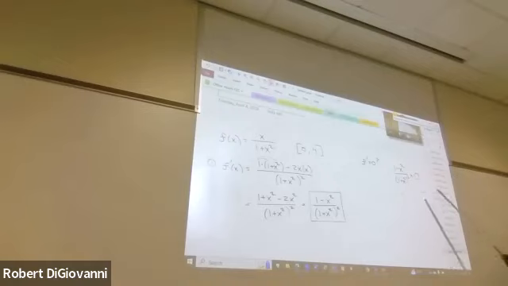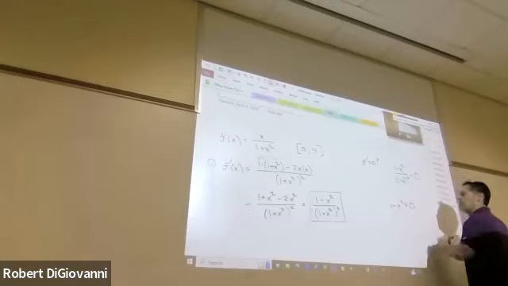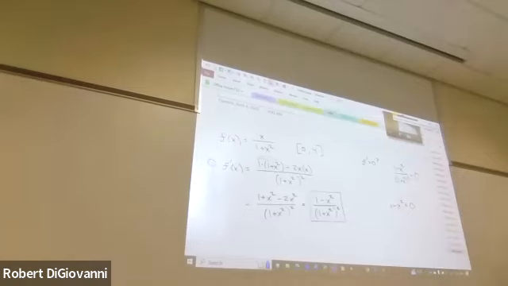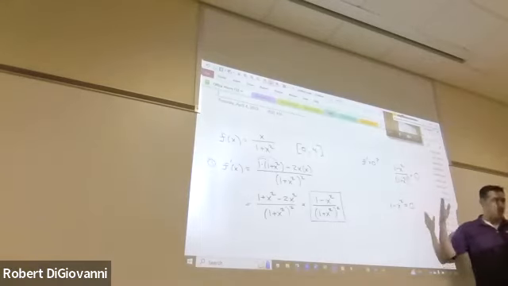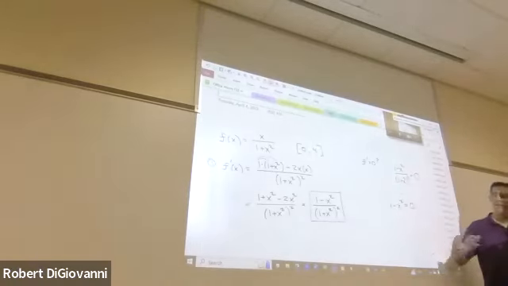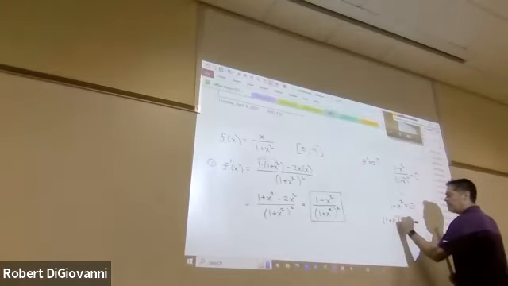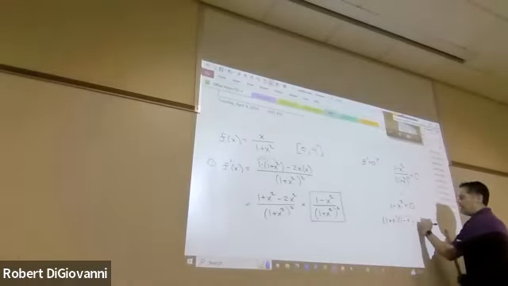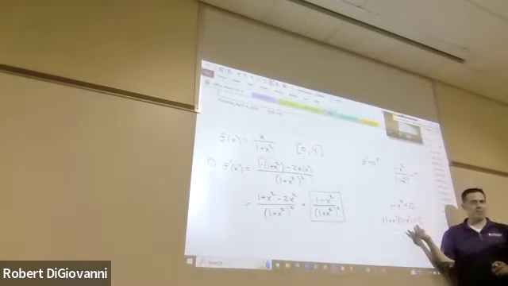All I have to do is look at when the top of this is 0. I just look at when 1 minus x squared equals 0. And there's 2 different ways you can do this one. You can put the x squared to the other side and then add x squared and then take the square root on both sides. That's one way. Or you could also look at that as a difference of squares. I kind of like the idea of doing difference of squares because it shows you know that factors.